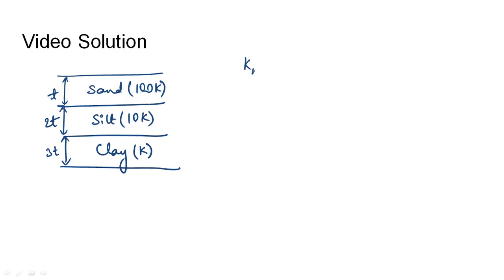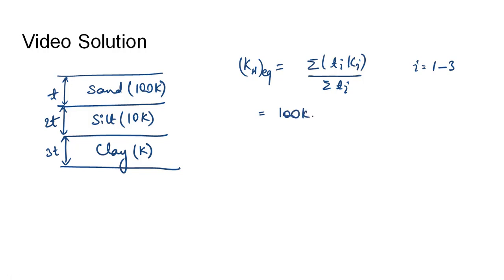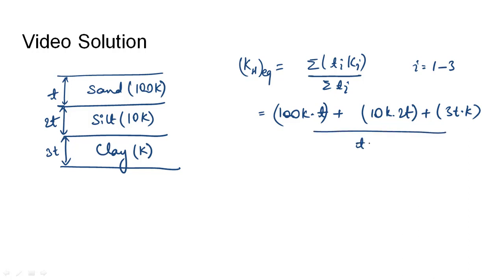So horizontal permeability equivalent would be equal to summation Ti Ki divided by summation Ti. Here i will vary from 1 to 3 since there are 3 layers. So this would be 100K into T for the sand layer, 10K into 2T for the silt layer and 3T into K for the clay layer divided by the sum of the thicknesses, that is T plus 2T plus 3T.